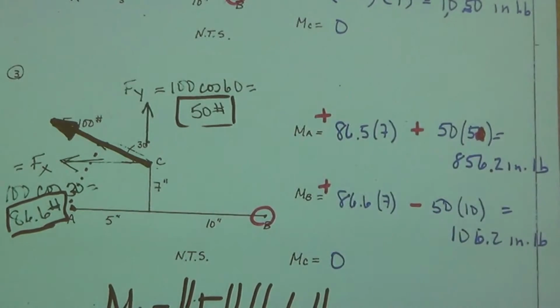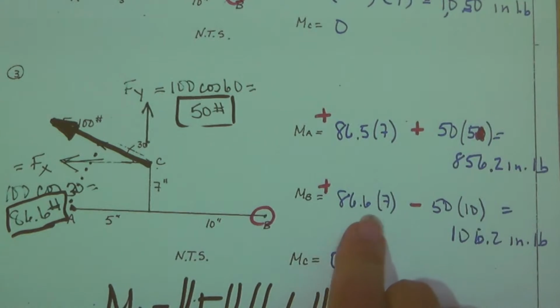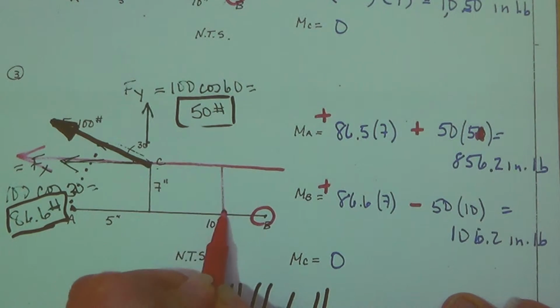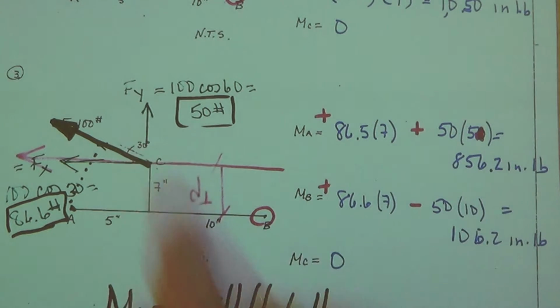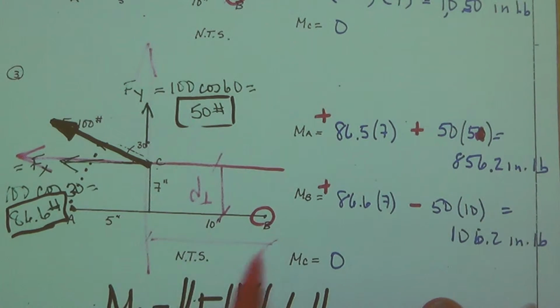5, thank you. Okay, when I tried to find the moment about point B, I took Fx again, which is 86.6, multiplied it by the perpendicular distance, because remember, Fx goes all the way here. This is the perpendicular distance. So I have 86.6 times 7, positive, and then Fy, here's Fy, its perpendicular distance is this, which is 10.